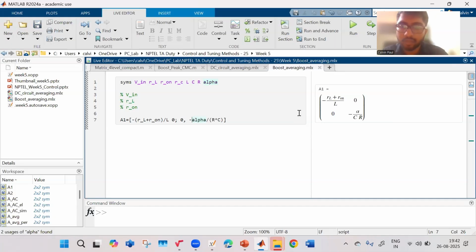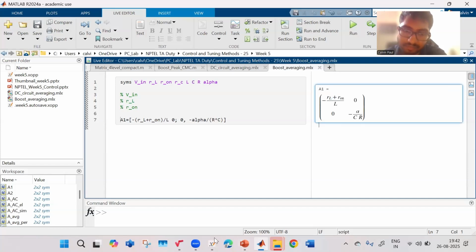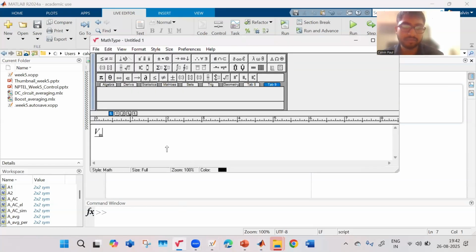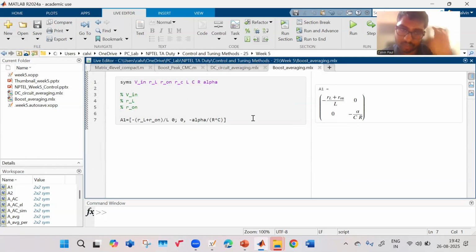Okay, so this is coming in the mathematical form. And this again you can copy into LaTeX and run it. Copy as LaTeX, paste over here, and you have got the equation. This is very useful, right? So this is your A1.